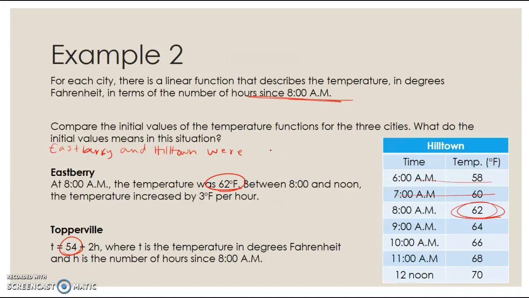So I'd take 62 minus 54. So they were 8 degrees warmer at 8 a.m. than Topperville was. So that's what we noticed. What this means, Eastbury and Hilltown were 8 degrees warmer at 8 a.m. than Topperville, because Topperville was the lowest temperature.